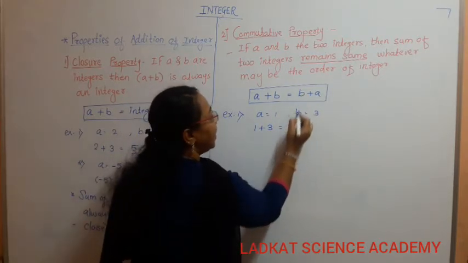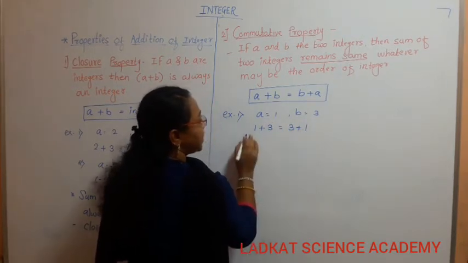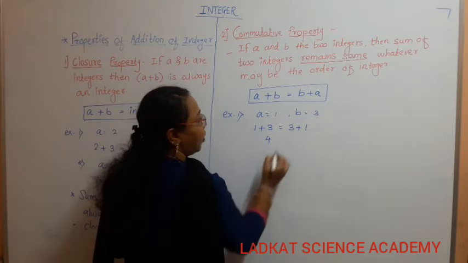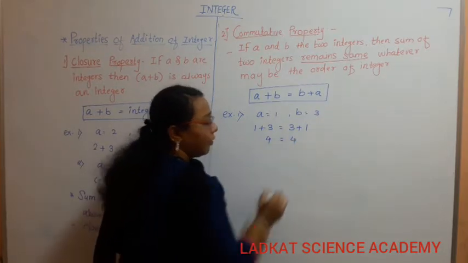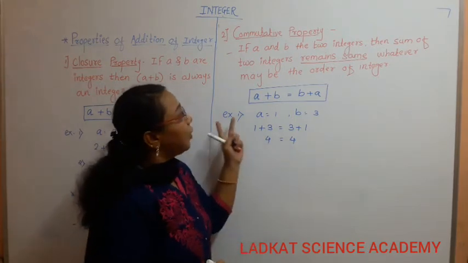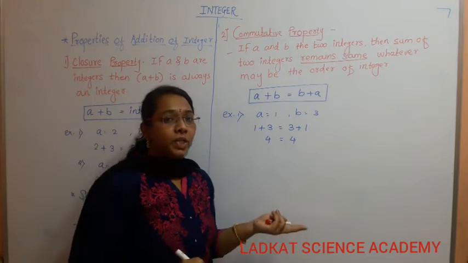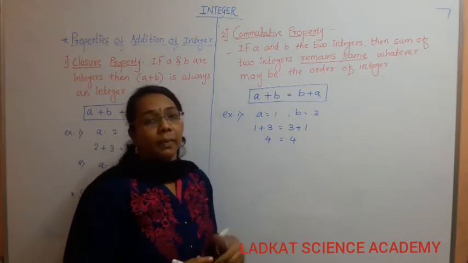First we will take B, means 3 plus 1. Then also we got the same answer. 1 plus 3 is nothing but 4 and 3 plus 1 is nothing but 4. Means we got the same integer here. That's why this commutative property says that the sum of any two integers remains same whatever may be the order of the integers.